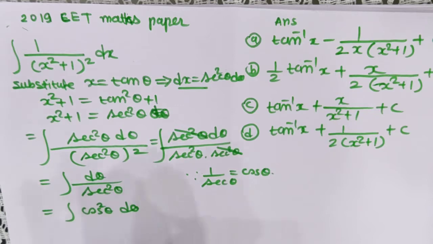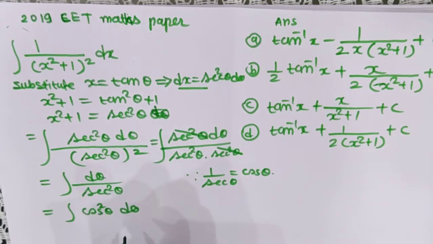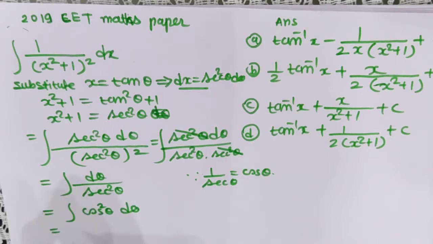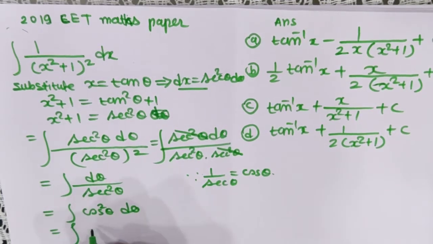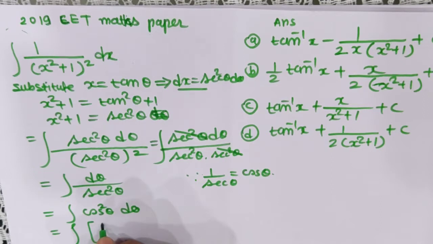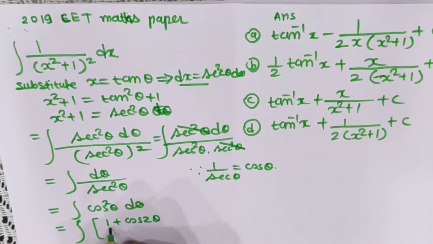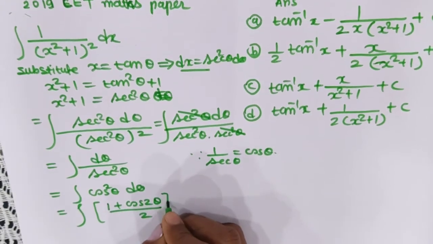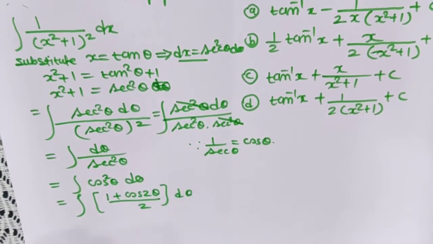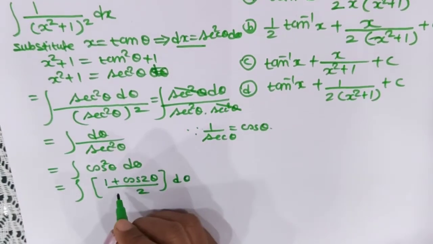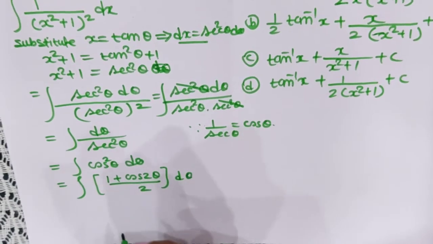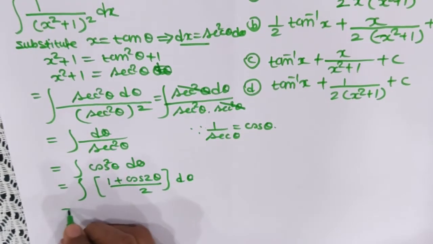Now we want to make this integration simple, so I am going to use one formula here: integration of (1 plus cos 2 theta) by 2 d theta. By putting this formula we are going to make our integration simple.